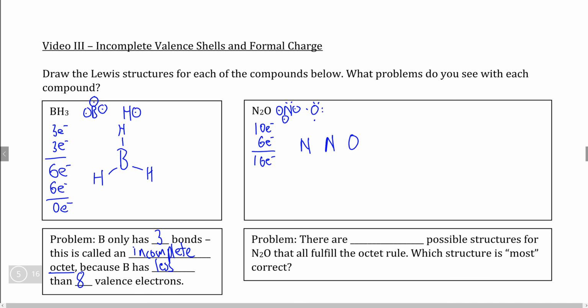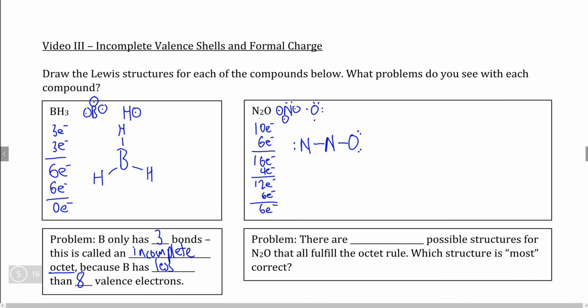Continuing on, if we connect each of these with single bonds, we just made 2 bonds, which is 4 electrons, which means we have 12 left. Next, let's put our lone pairs back on. So oxygen has 2 lone pairs normally, and nitrogen has 1. The number of electrons we just added is 2, 4, 6, meaning we still have 6 unused electrons.